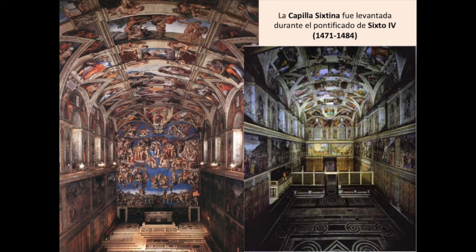The Pope asked Michelangelo to paint the ceiling of a chapel that already existed and was decorated in the Quattrocento, but the Pope entrusted him to paint the ceiling with a lot of figures, with the history of the Bible in the Old Testament.